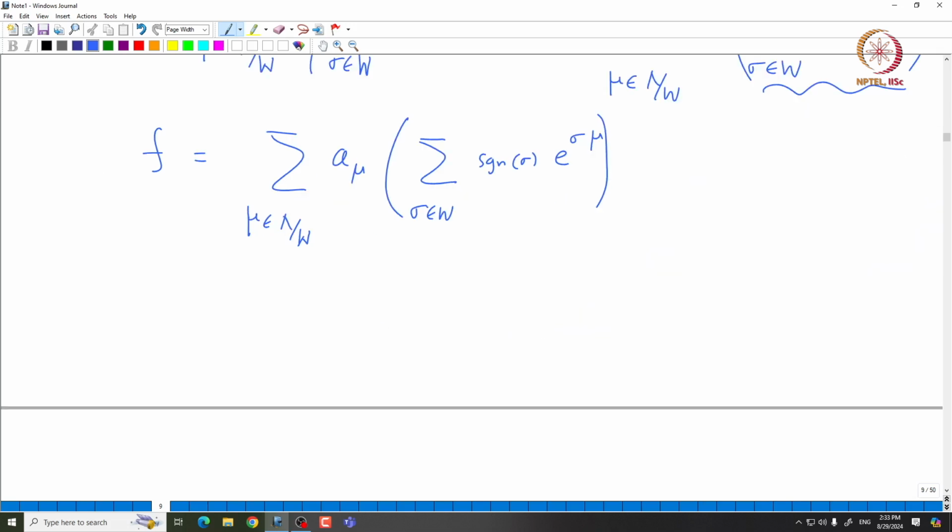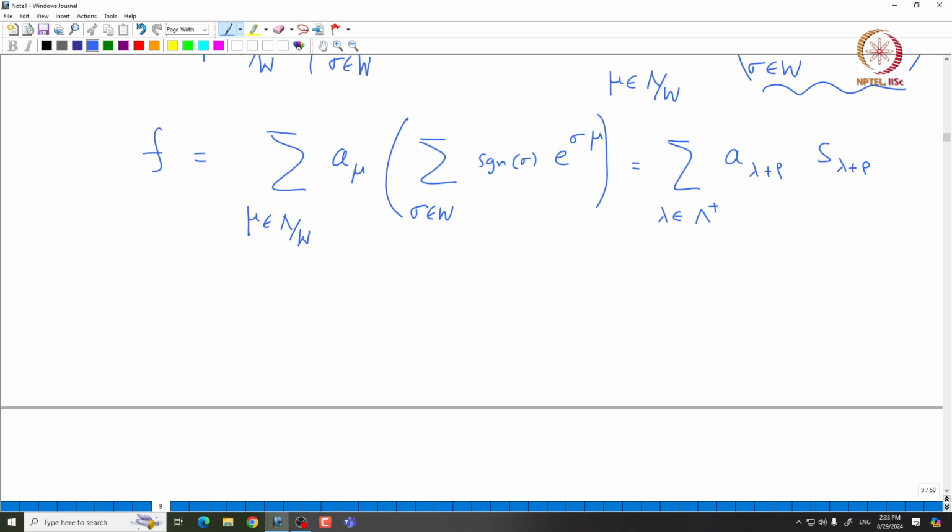Now, using that you can easily see that f is rewritten as a summation of a lambda plus rho, where lambda comes from lambda plus, times s of lambda plus rho. So, basically, if f is anti-symmetric, then we have shown that this is exactly equal to summation a lambda plus rho times s lambda plus rho.